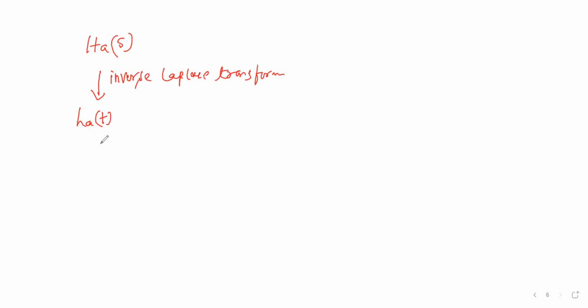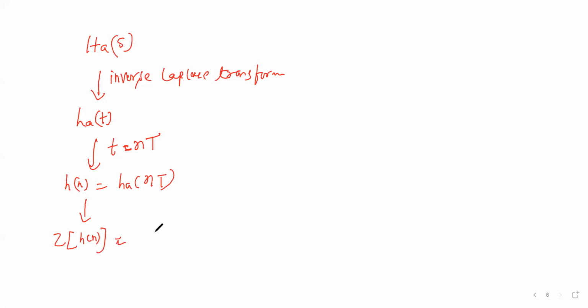After that, what to do? The next step is simple: replace t by nT. Same analog to digital conversion. Then we get the impulse response in the discrete domain, h of n equals h of nT. After that, find the z-transform of h of n, which is the summation from n equals minus infinity to plus infinity of h of n z to the power minus n.